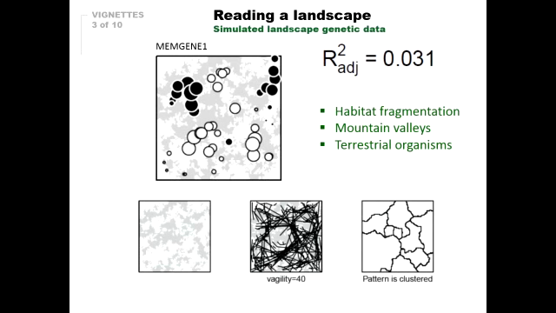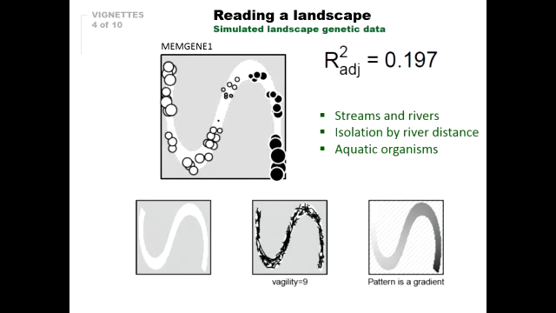So resistance of the landscape is influencing their movement, their mating, their gene flow, and even after all of that, we can still identify 3% of the total amount of genetic variation and use it to tell a story. Very small amount. So this procedure allows us to take very cryptic spatial patterns within populations and tell stories about it. Again, we have a river here, and we see a nice gradient that follows the river bank.